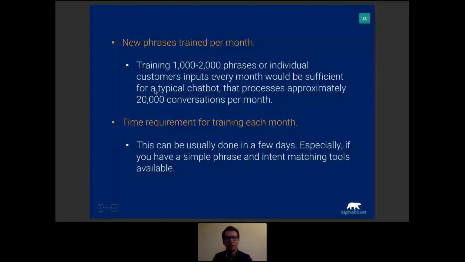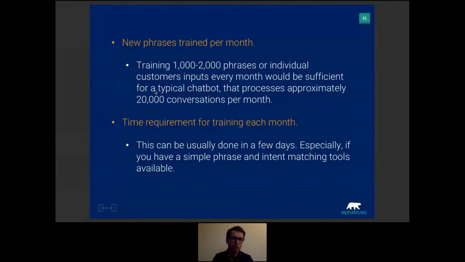So when you think of that, it's not that much. And why is that so? Of course, training the bot each month is important, because as I said earlier, if only one user is thinking out the phrases and training the bot, then the bot might become biased, right? Because I'm the only person training the bot, and all the bot knows is my way of thinking.